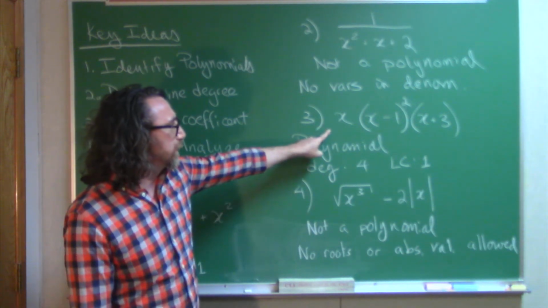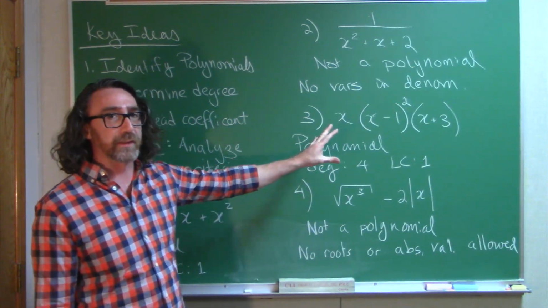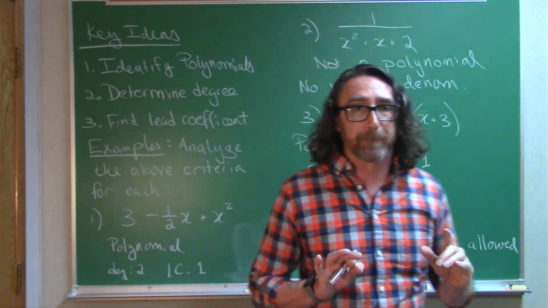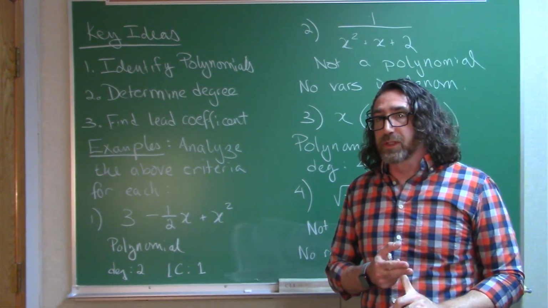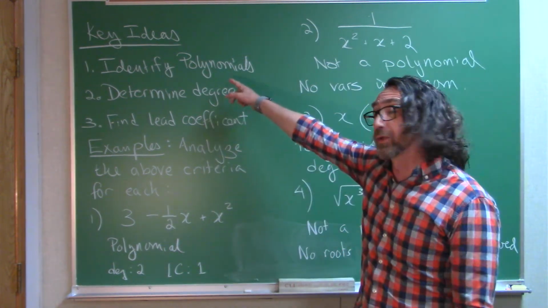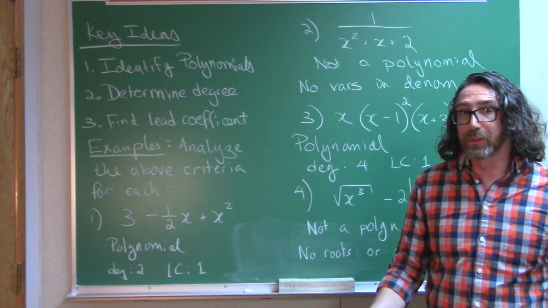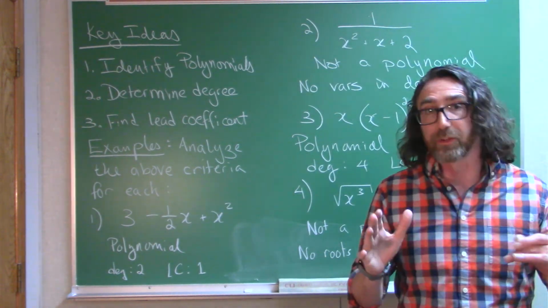And remember, if you see a polynomial that's factored, please leave it like that. It'll make everything we do down the road much easier. Okay? So the first step in working with these polynomials is to be able to tell whether what you're looking at is a polynomial or not. Okay? So we have a little checklist that we can go through there.